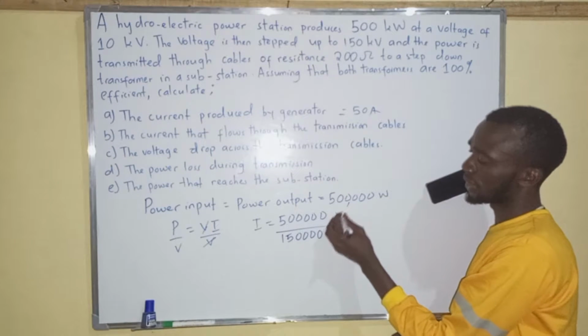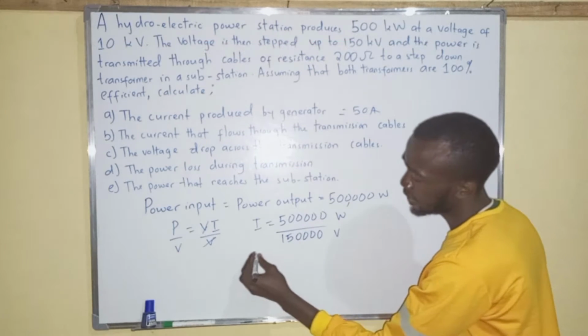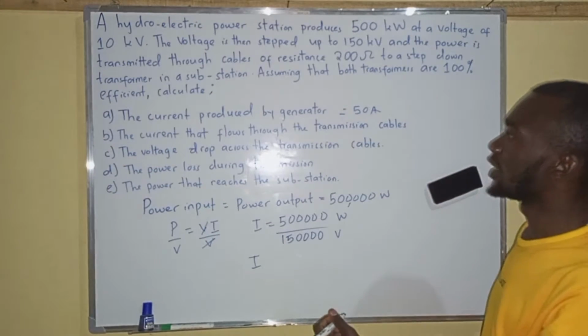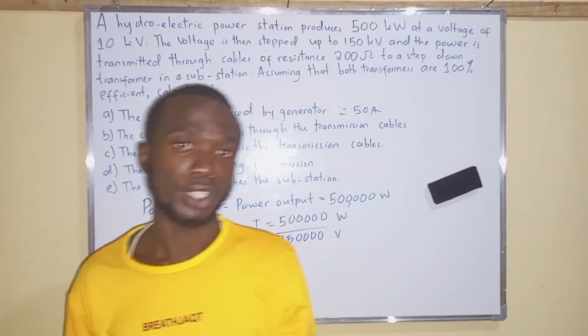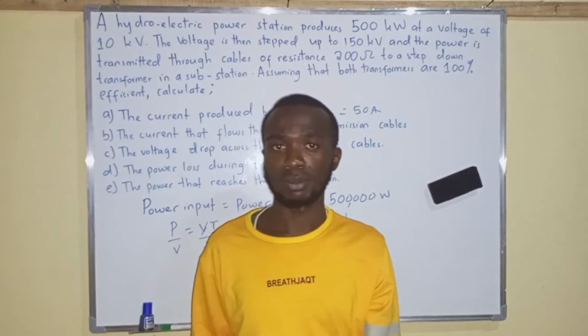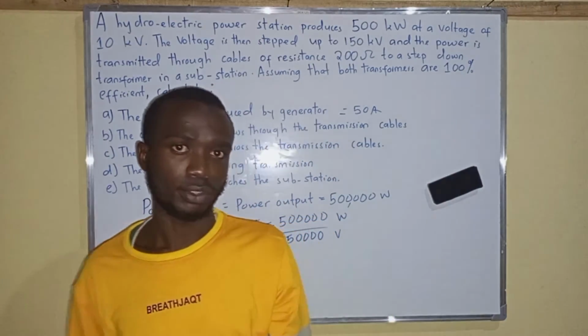The current in the secondary coil is the same as the current flowing through the transmission cable, because the transmission cable is connected to the secondary coil of the transformer.